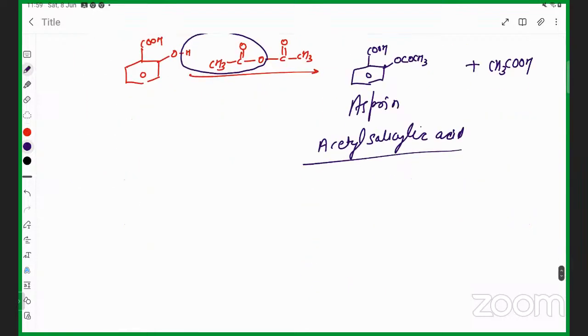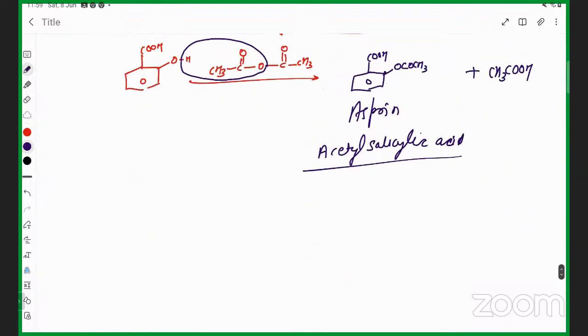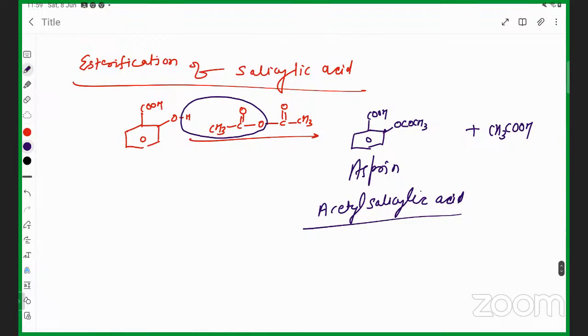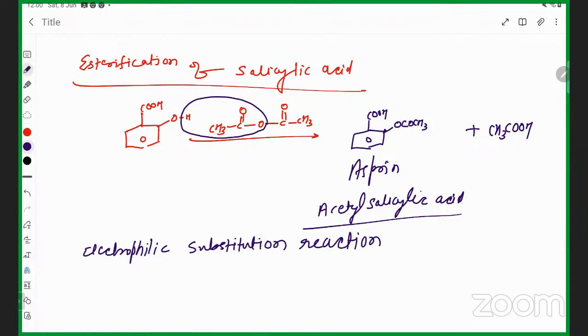Now the next one we are moving to. Sir, one second, last one I was writing. Done, sir. Now we are studying electrophilic substitution reaction.